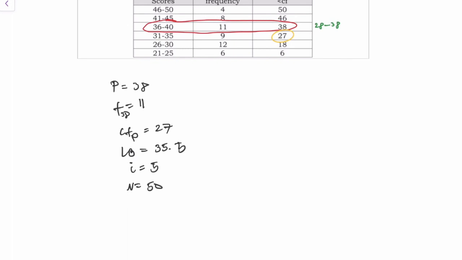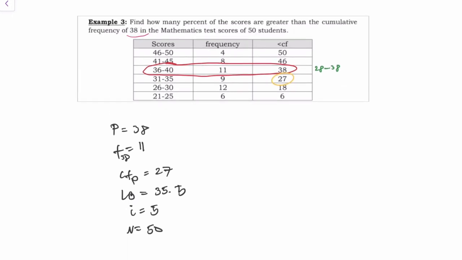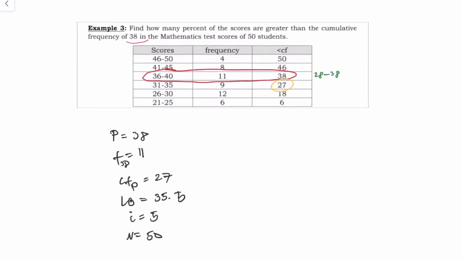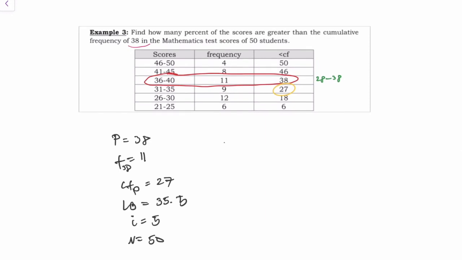Now we can compute for the percentile rank. So the formula is PR equals 100 over n times the quantity P minus LB times F over I, plus CFP.